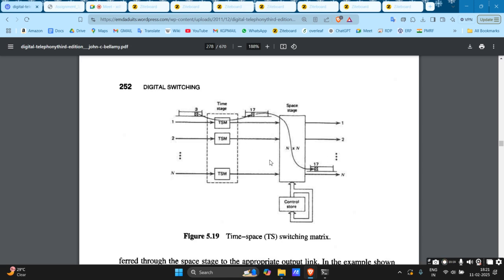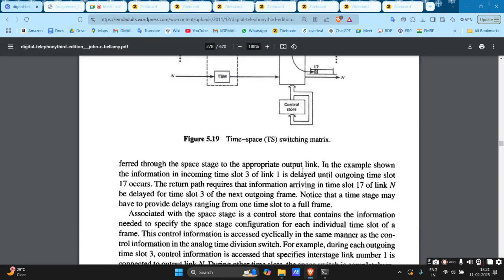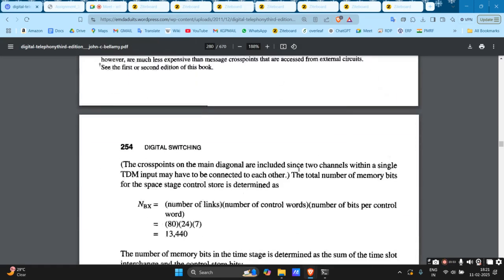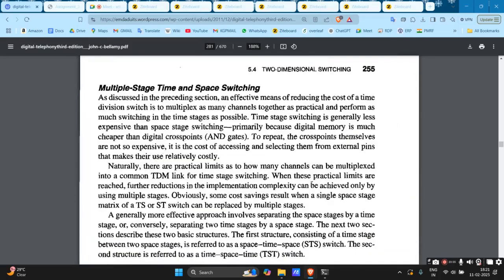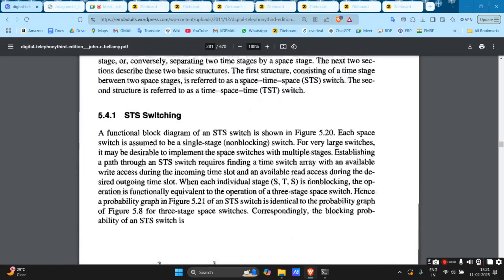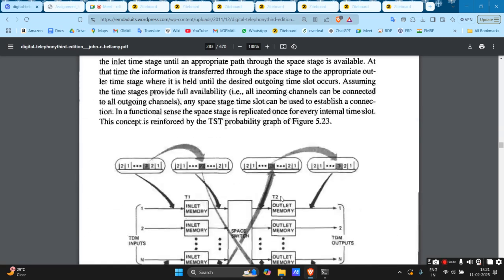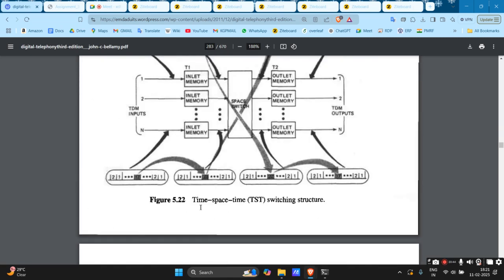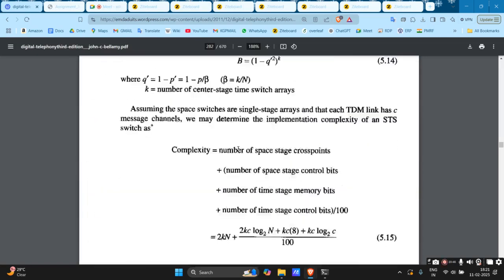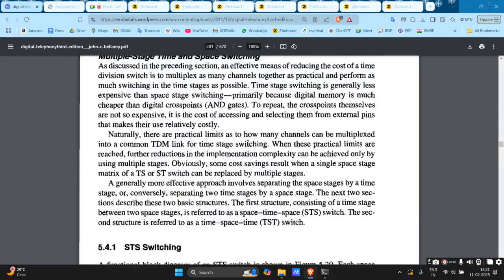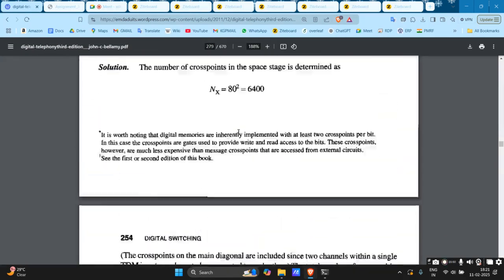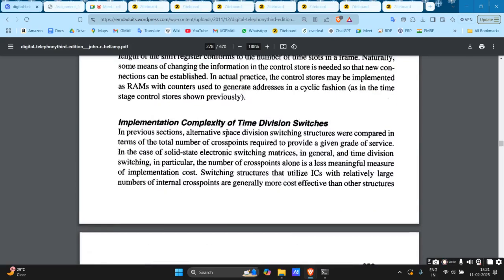This is a two-stage switch. Then there will be three-stage switching, called space-time-space switching, and another three-stage switching called time-space-time switching. So we will have the TS switch, TST switch, and STS switch as the next topics.